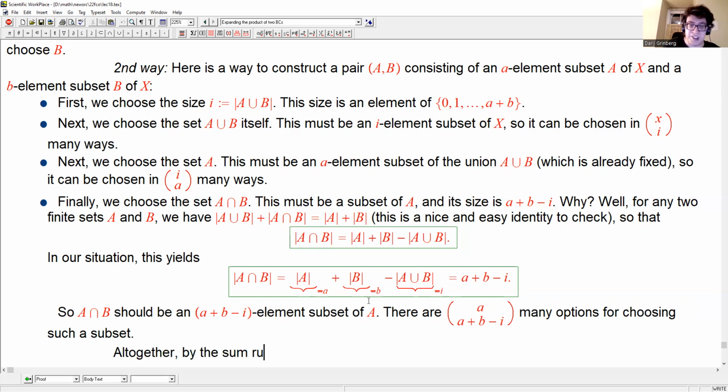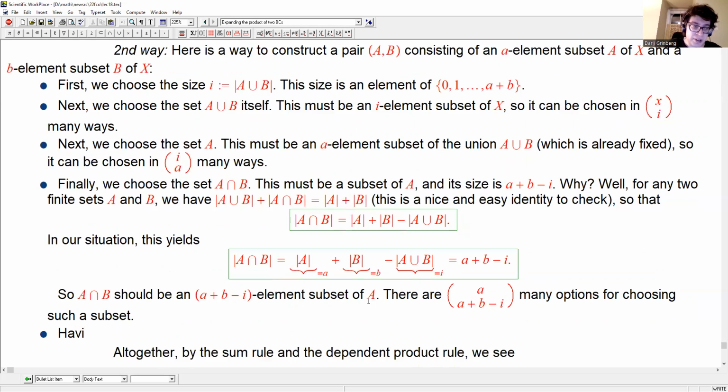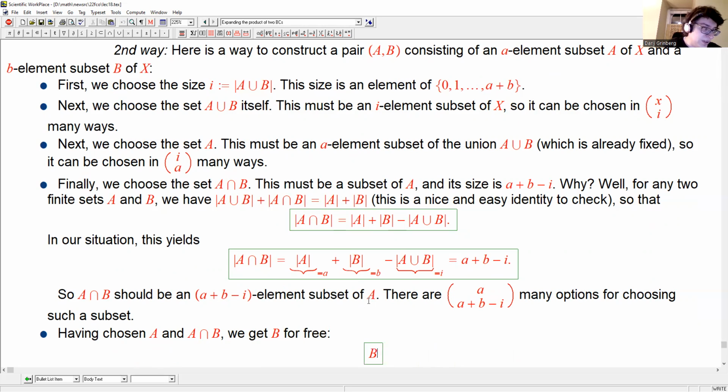Altogether, by the sum rule and the dependent product rule, we see, right, and I should say that having chosen A and A intersect B, we get B for free. As you can easily check, B is A union B without A, union A intersect B. This is basic set theory. You can draw the Venn diagrams and convince yourselves that they're the same.